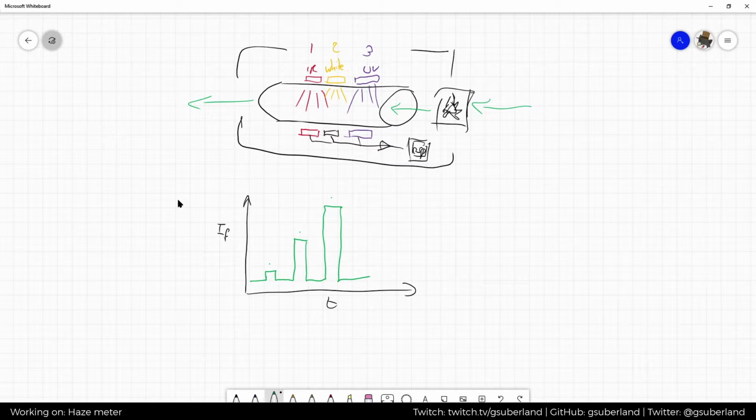I suspect that the ambient particulate level in the room varies an awful lot. For example, if you've recently hoovered, vacuumed the floor, that kicks up a bunch of dust. If you've done a bunch of sorting out, that kicks up some dust. Moving in and out of the room, the particulate levels are going to change over time.